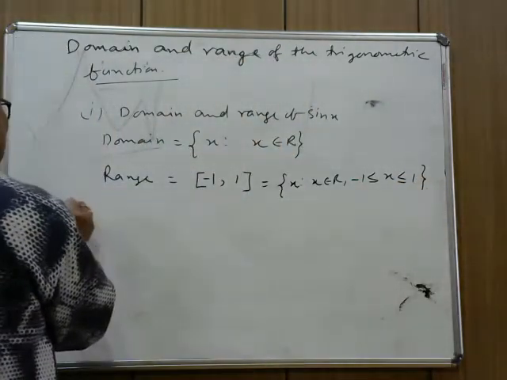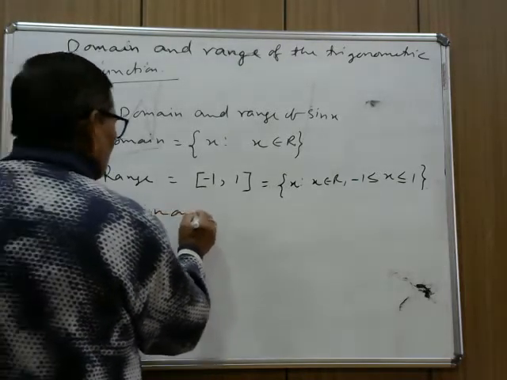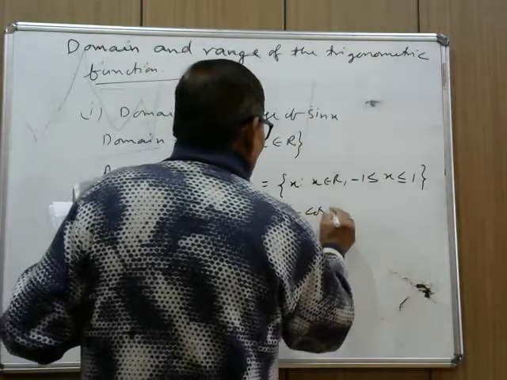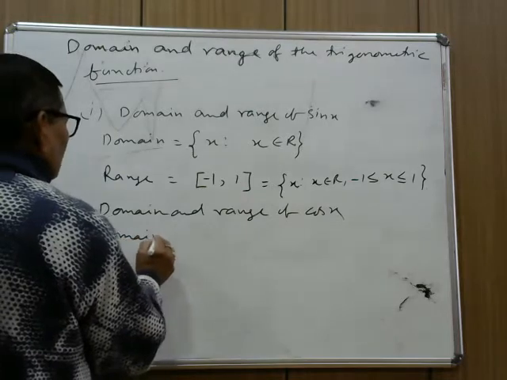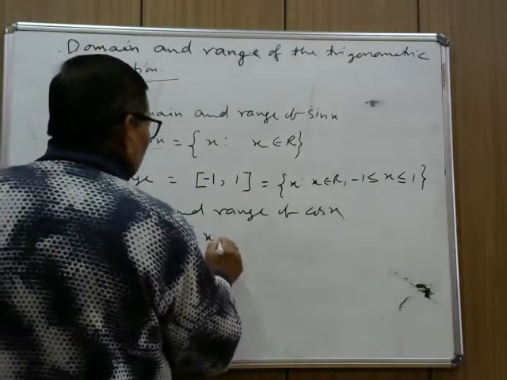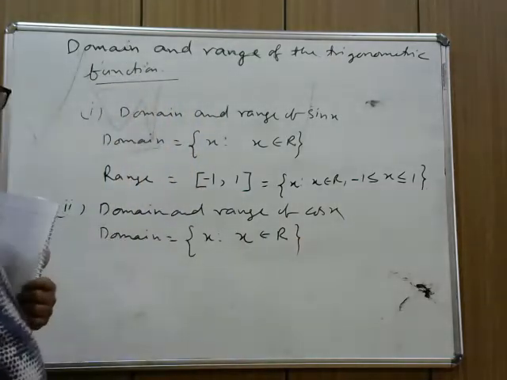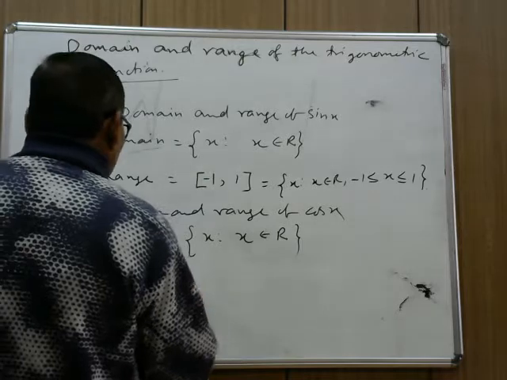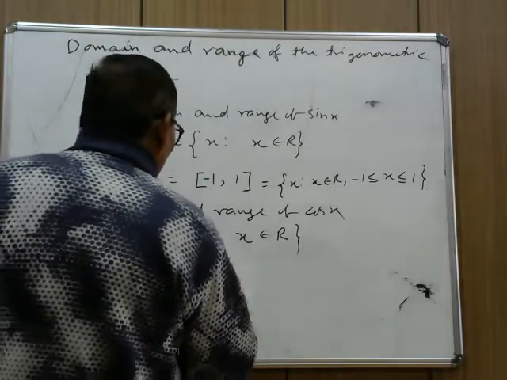Now second, domain and range of cos x. Domain is defined as all x such that x belongs to R. Domain of cos x is also the set of real numbers, and your range is equal to the closed interval minus 1 to 1.